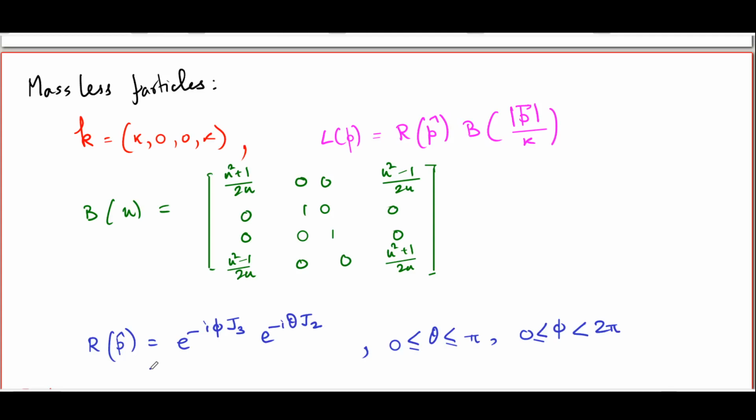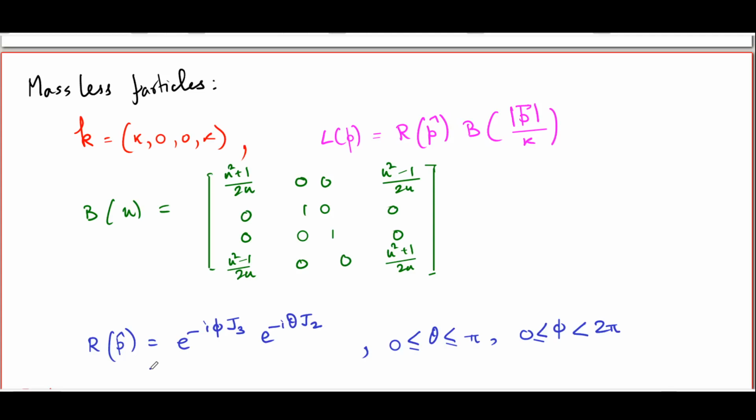So this is just a boost in the z direction, and the particular matrix that describes this is on your screen right now. After applying this particular boost so that the momentum of the particle comes out to have the correct magnitude, you then apply a rotation which would carry the unit vector along z into the direction of p hat.